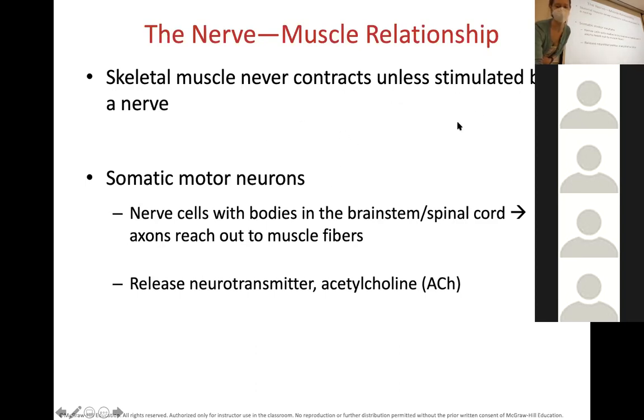I apologize. Okay, so nerve-muscle relationship. Muscles don't contract without a nerve actually sending a signal to the muscle to contract. So we haven't talked about the nervous system. We will get into the nervous system after we finish up the muscular system.